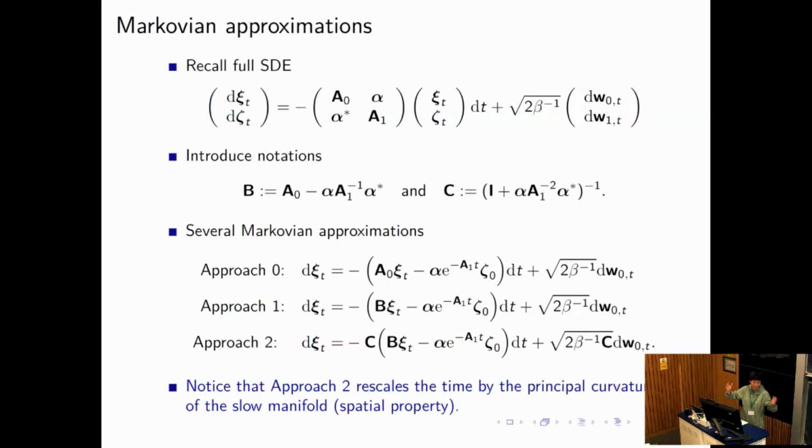And once you have fewer degrees of freedom, the energy landscape becomes much smoother. That means the time scale becomes faster after we do coarse graining. Therefore, approach two is equivalent to estimating how much time acceleration you commit after you do the coarse graining, and then you pull back this faster time acceleration. So that's why it's equivalent to rescaling the time by the principal curvature of the manifold.